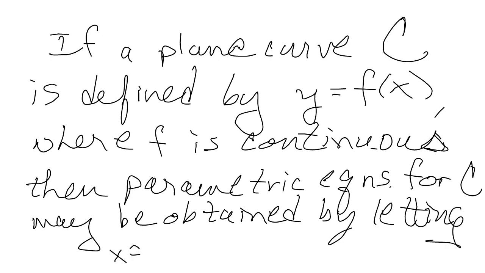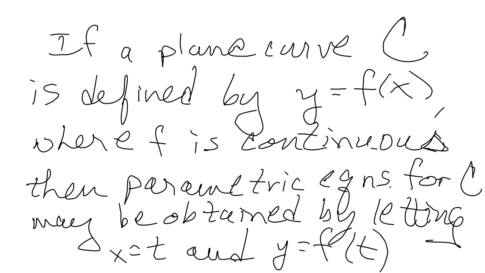So x would equal t, and if x is t, then y would equal, instead of f of x, y equals f of t. Okay, so if we have our continuous functions, y equals f of x, in a plane curve, we could also define them parametrically by just letting x equal t and y equals f of t. So that's kind of a duh thing, right? But what's nice about this, so they give a pretty simple example, all right? And you might say, well, what's the difference, right?